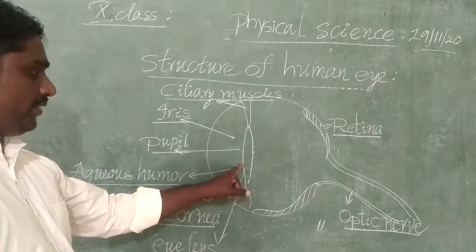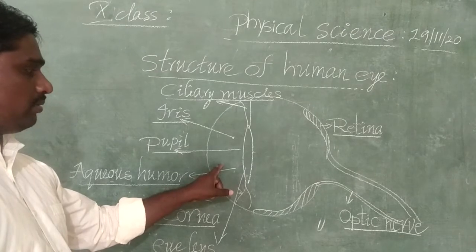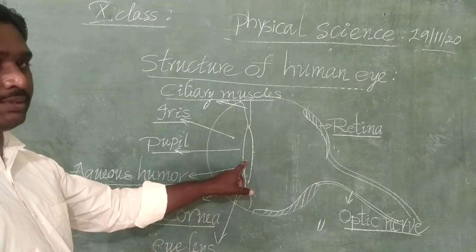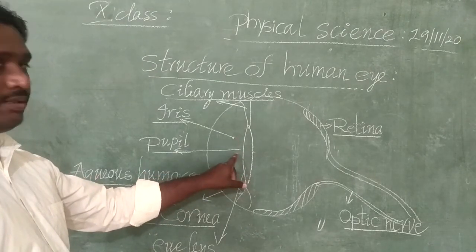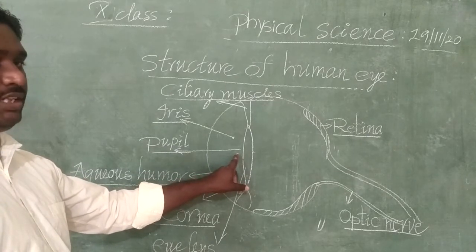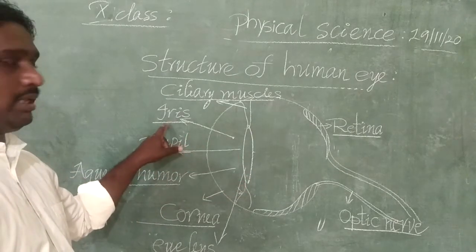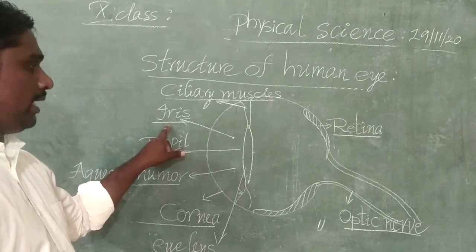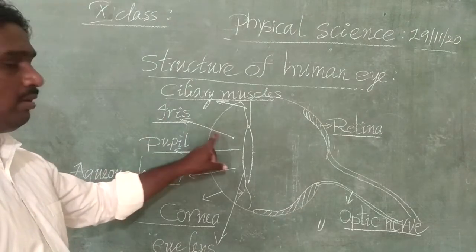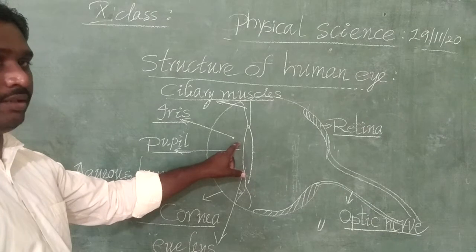Next, between the cornea and the lens, there is a muscular diaphragm called the iris. The iris is the colored component of the eye.